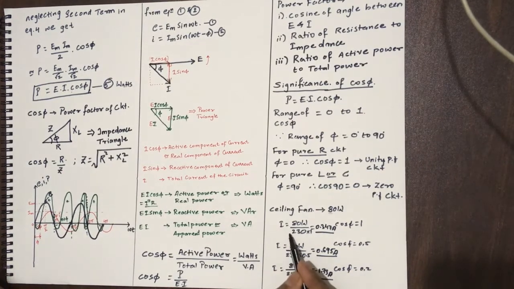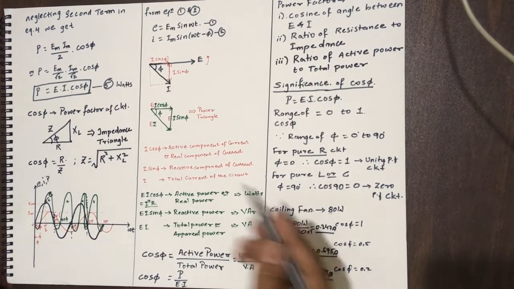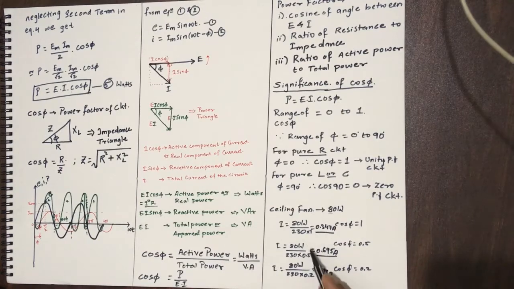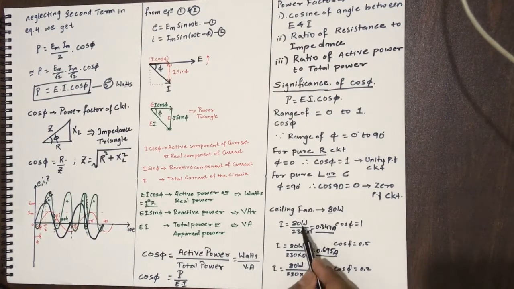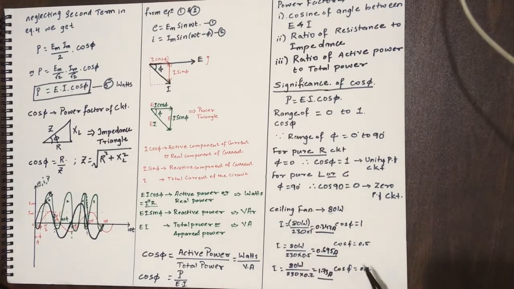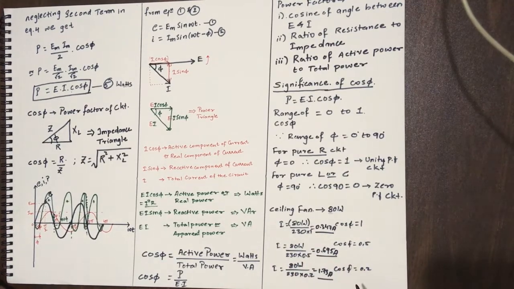It is V I cos phi equal to 80. Now V is constant, it is a 230 volt constant supply. Cos phi I will keep depending upon my requirement, let us change it from 1 to 0.2, any value. So to deliver the same amount of power with power factor equal to 1, the fan takes 0.34 amperes of current.